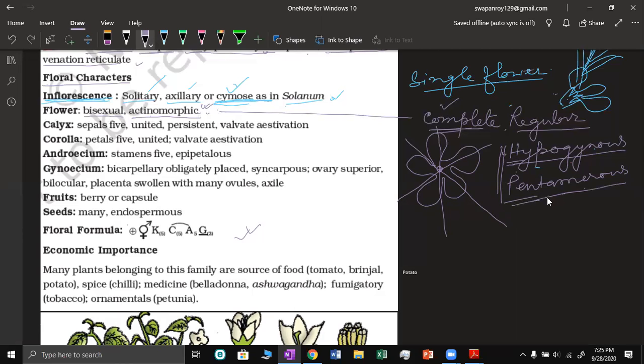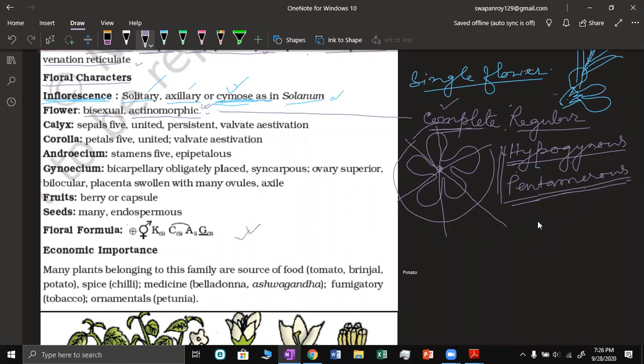Pentamerous, remember, means the floral parts are in 5 or multiples of 5. In this, most of the flowers of the Solanaceae have 5 sepals, 5 petals, 5 androecium, meaning 5 stamens. Gynoeciums are fewer in number.